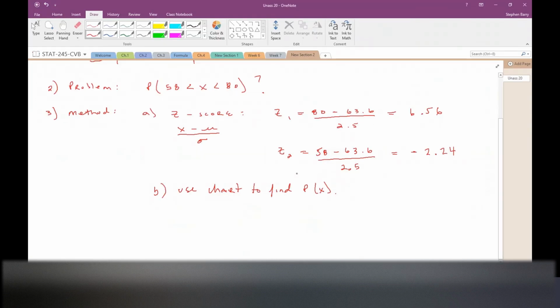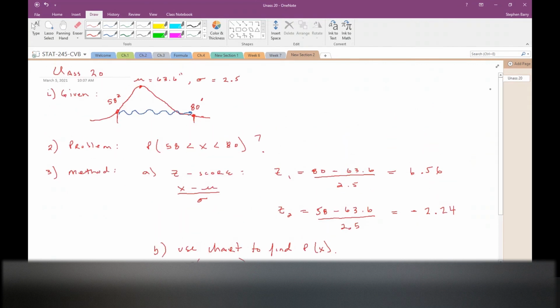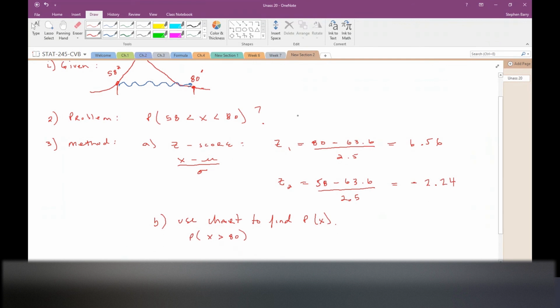So the probability of your X value being greater than 80, or I guess less than 80 in this case, because that's how the z-score chart works, let's call that this one here, is 0.9999.